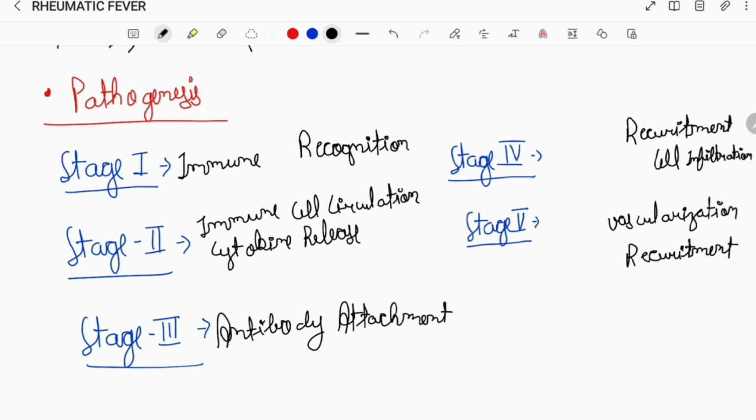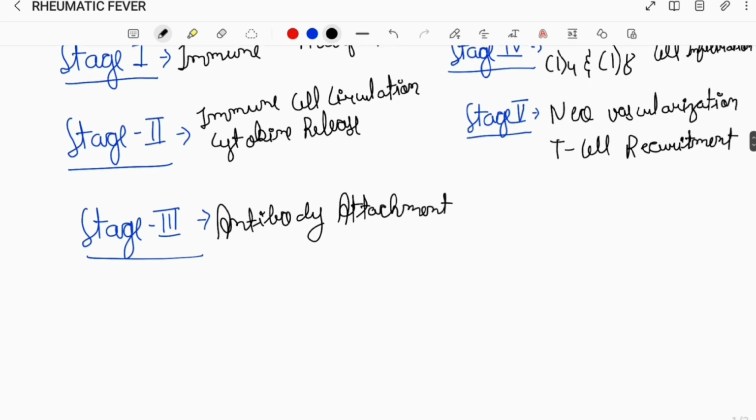In fourth stage, there is T cell recruitment, and with that also there is CD4 and CD8 cell infiltration. Fifth stage includes neovascularization and T cell recruitment. So these were the 5 stages of pathogenesis in rheumatic fever.